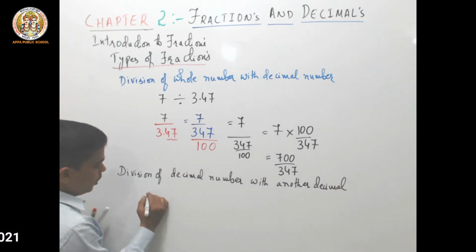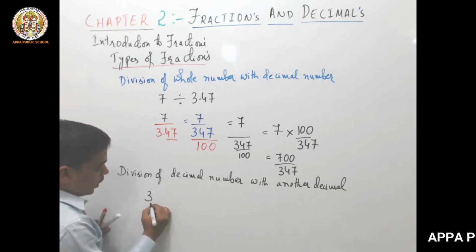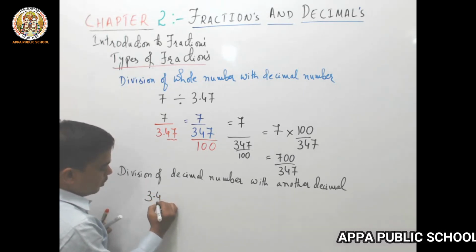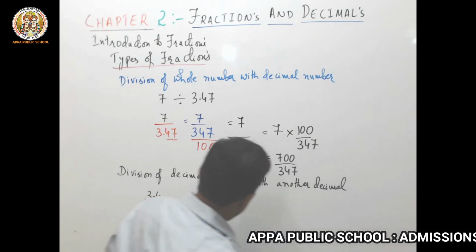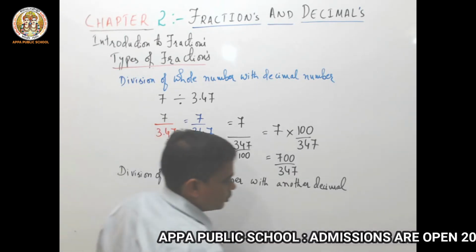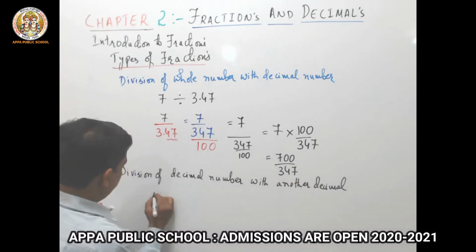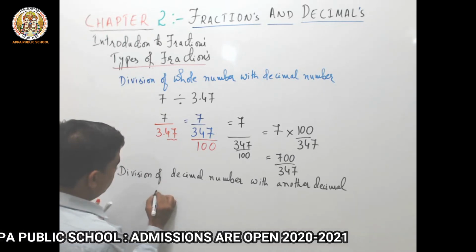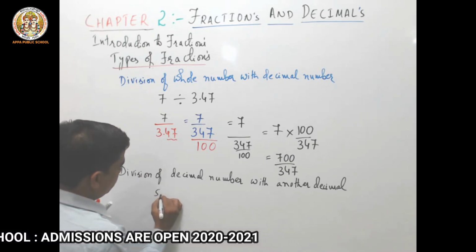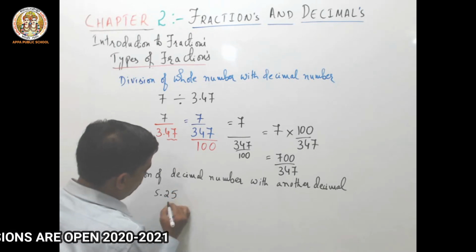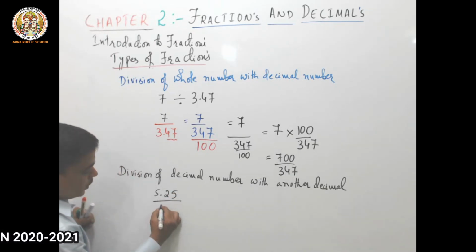So here I will take two decimal numbers. I will take any other number, let me write it as 5.25 divided by 6.70.